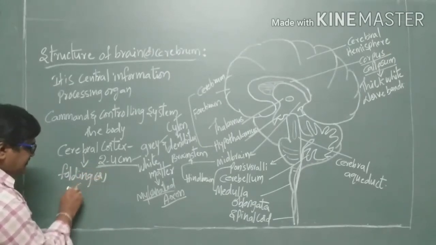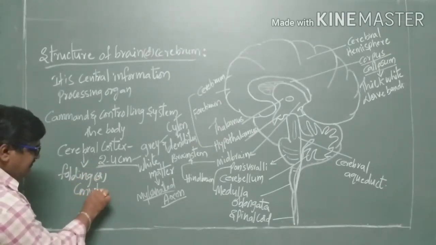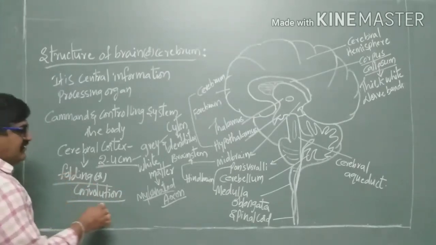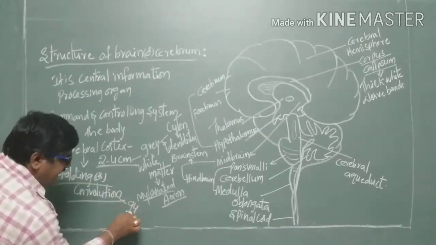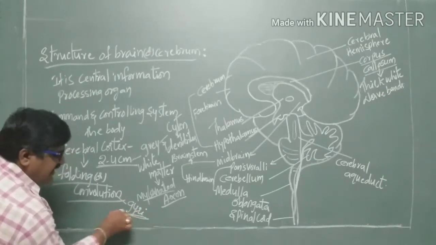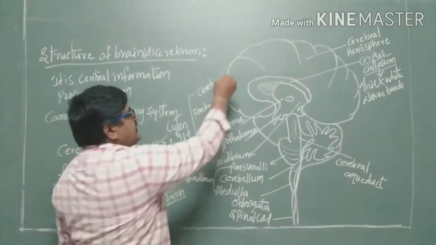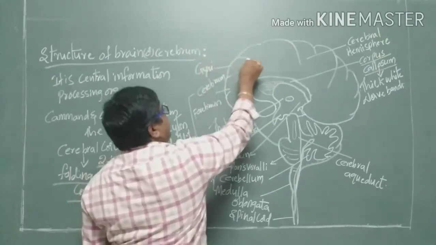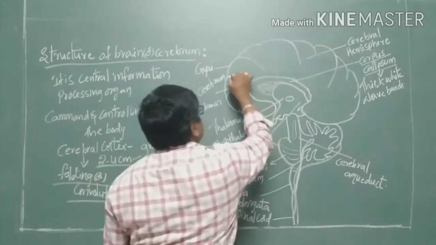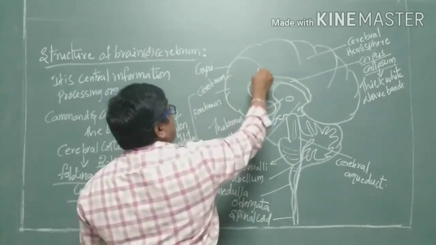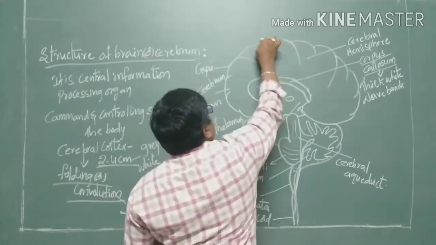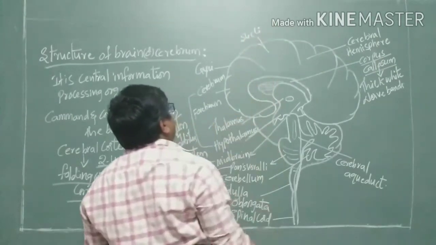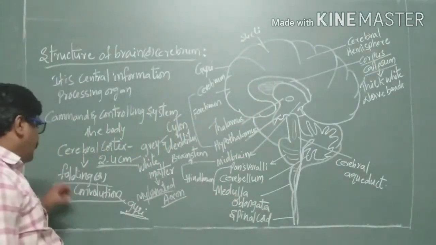The foldings or convolutions which are present are called the gyrae, and these other grooves are called the sulci.